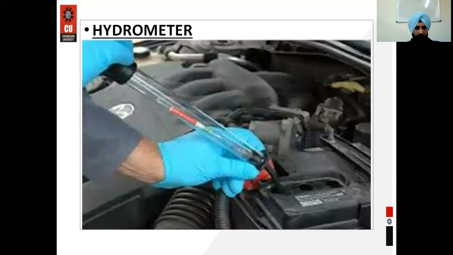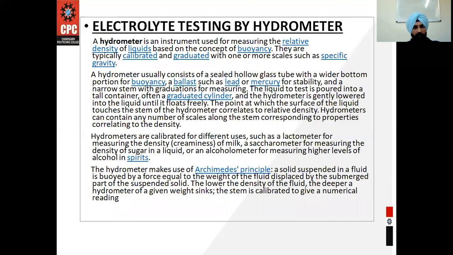Next is another test, testing by hydrometer. A hydrometer is an instrument used for measuring the relative density of liquid based on the concept of buoyancy, and they are typically calibrated with one or more scales such as specific gravity.